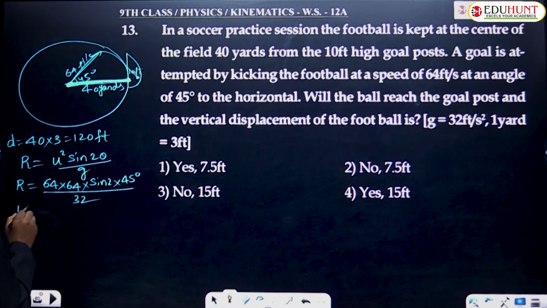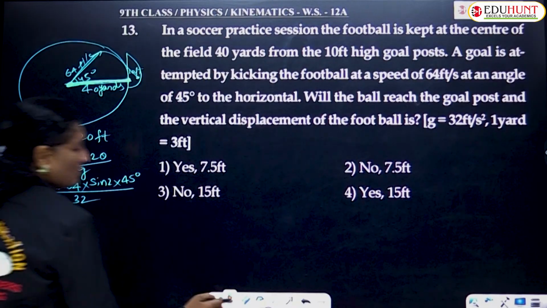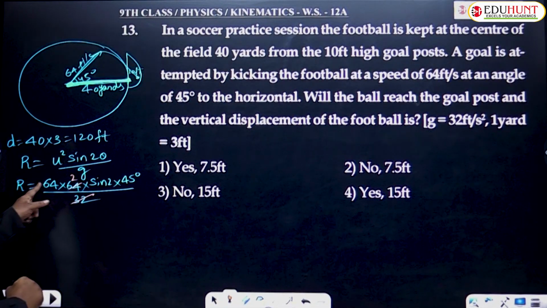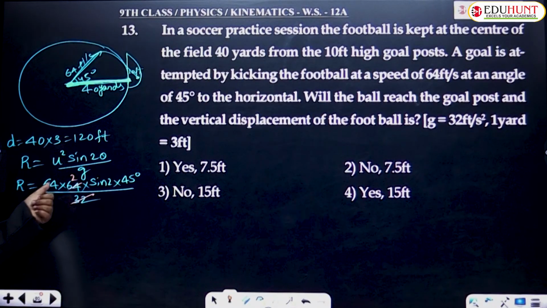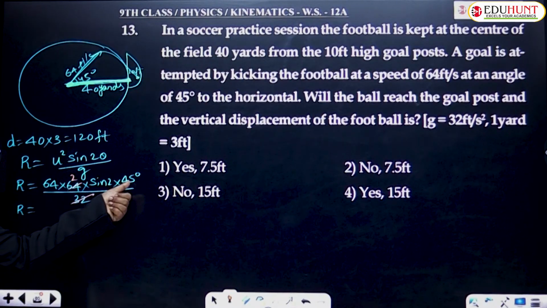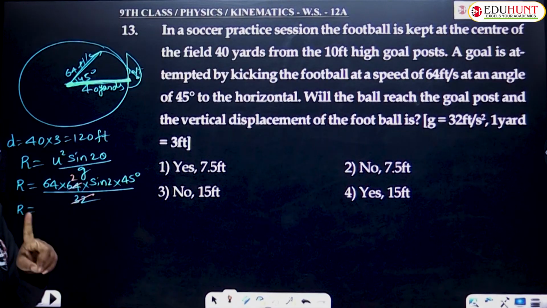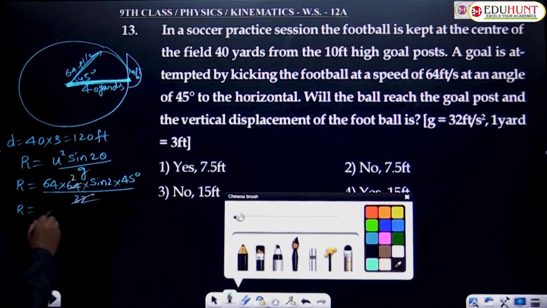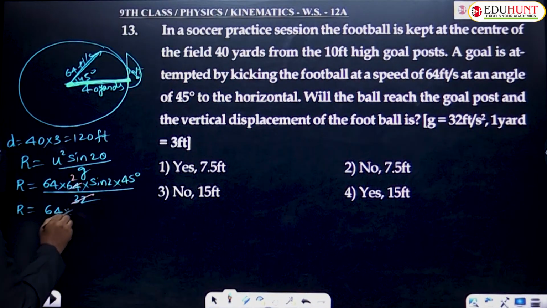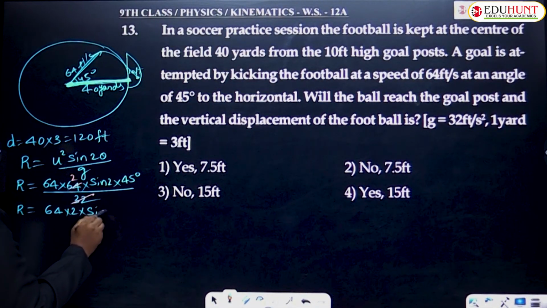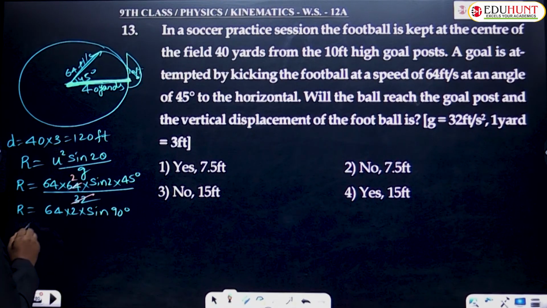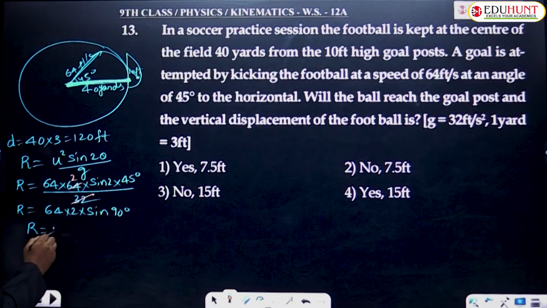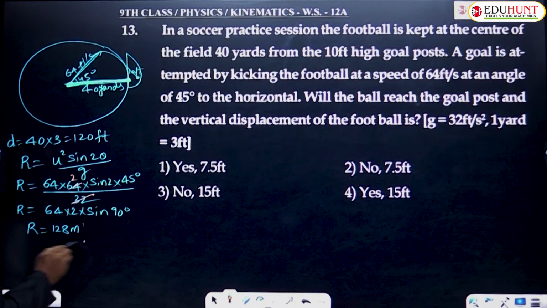So you get the value of R as 32 goes 2 times. So 64 into 2, how much? It is 128. Sine 2 into 45 is sine 90. The value of sine 90 is 1. So finally you got the answer as 64 into 2 into sine 90 degrees, and sine 90 is 1, 1 into 2 is 2, 2 into 64 is 128 meters.